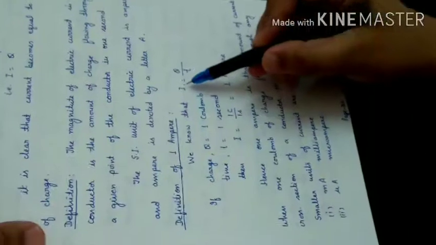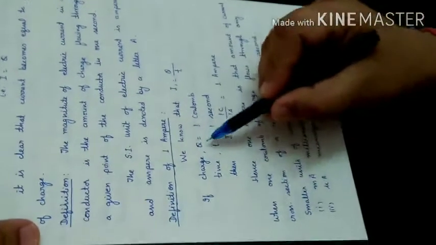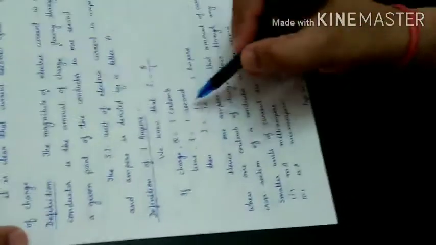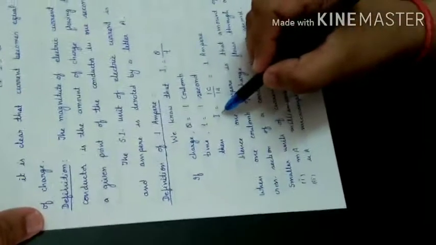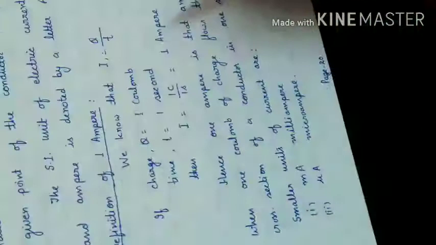Again, from equation I is equal to Q by T. If charge Q is equal to 1 coulomb, time T is equal to 1 second, then from the formula I is equal to 1 coulomb upon 1 second is equal to 1 ampere.